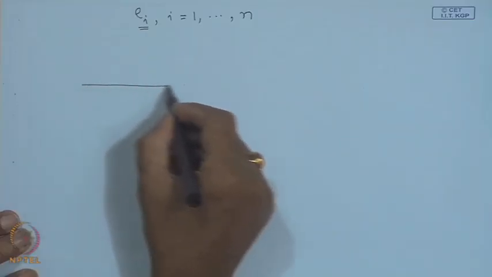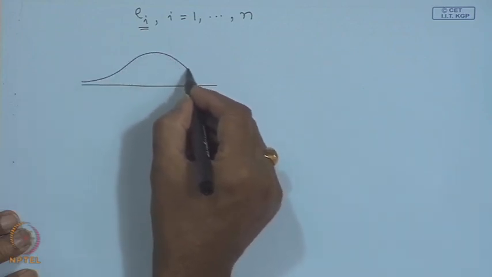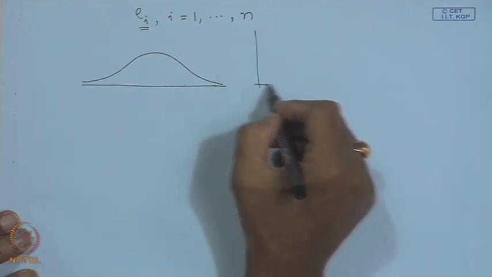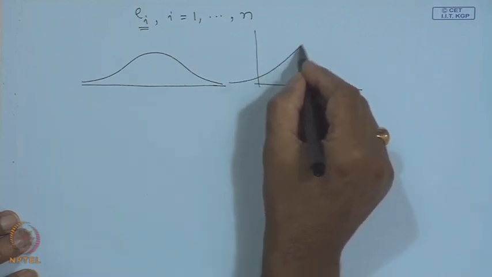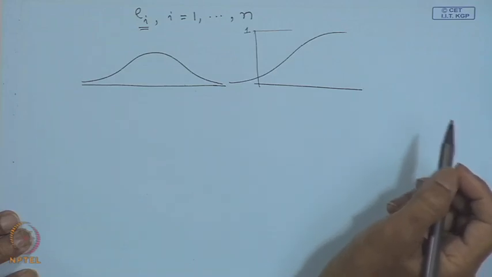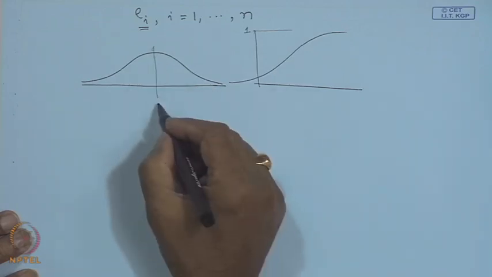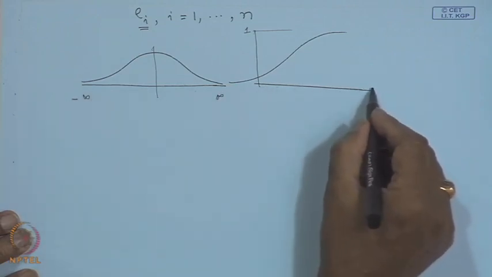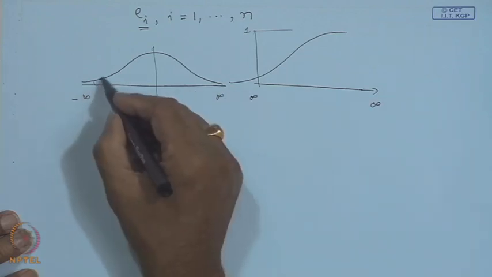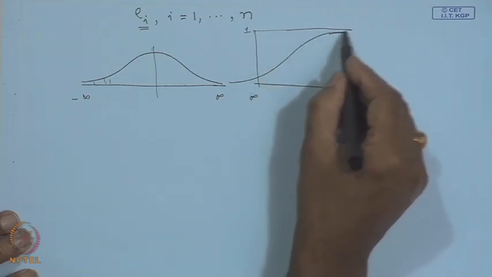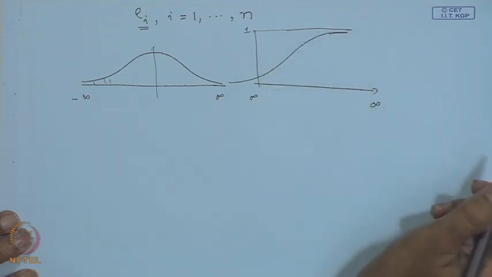As you know, a normal density function looks like this, and we can draw a cumulative distribution function that goes up like this from 0 and becomes 1. This goes from minus infinity to plus infinity, but the area is added up, that is why it is always rising. This is called a cumulative distribution function.